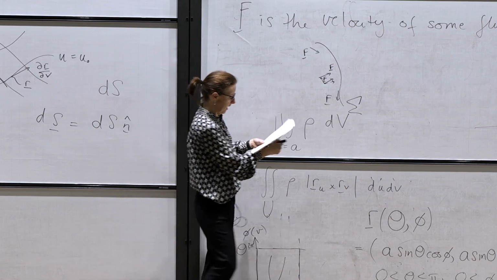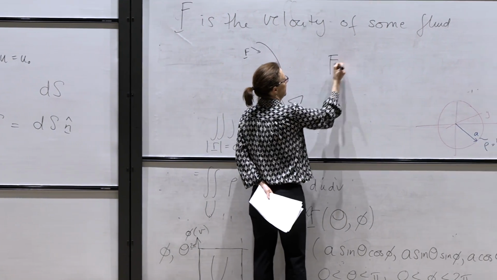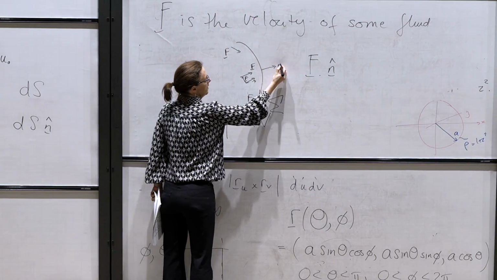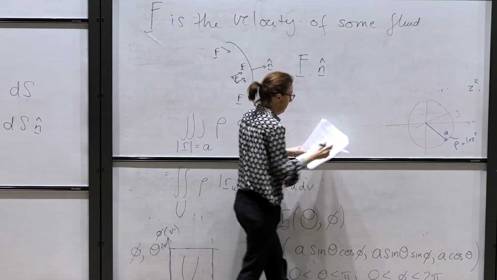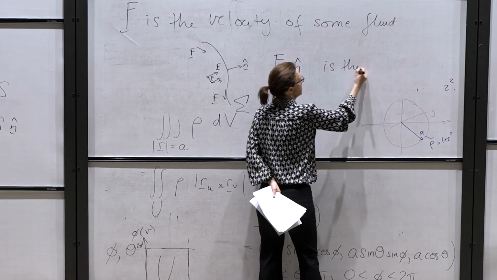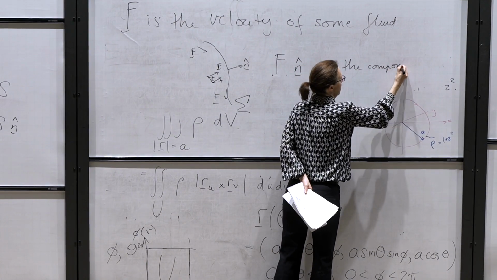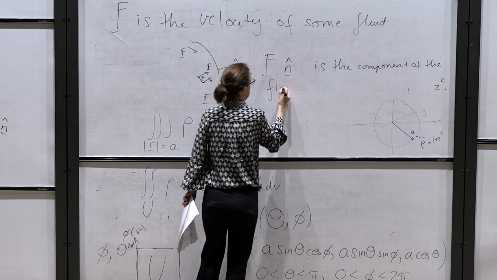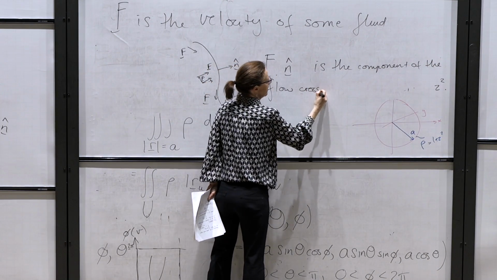And so that's picked up in the fact that F dot n, so n being the normal to this surface, is the component of the flow crossing the surface.